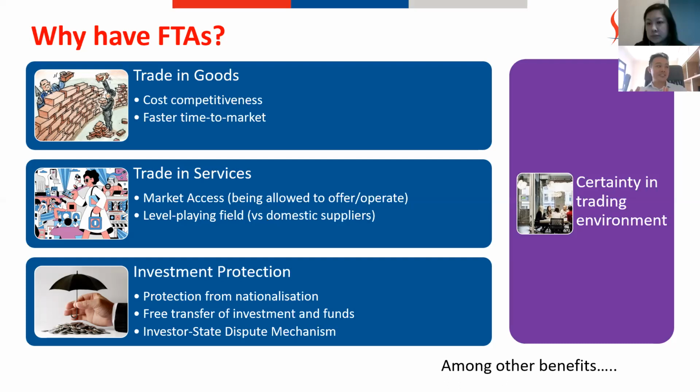For services, market access can mean the number of service suppliers allowed, value of assets, transactions allowed, the number of operating outlets or output that you're allowed to have, the number of people you're allowed to hire, the type of legal entity and foreign capital.